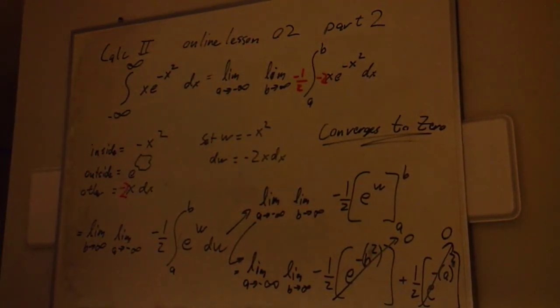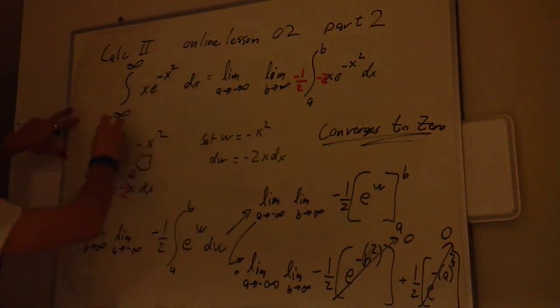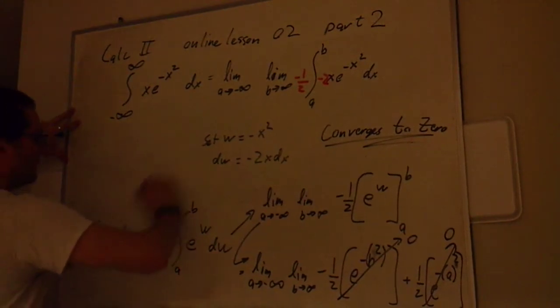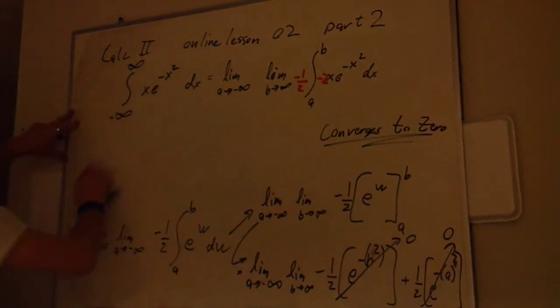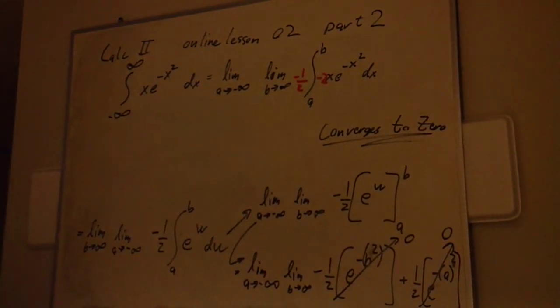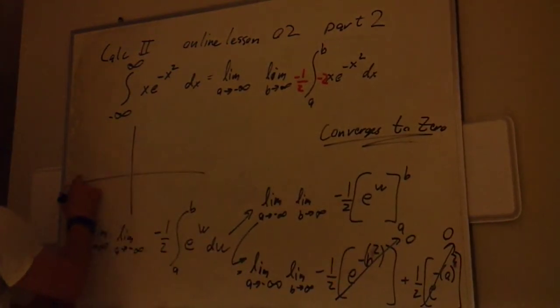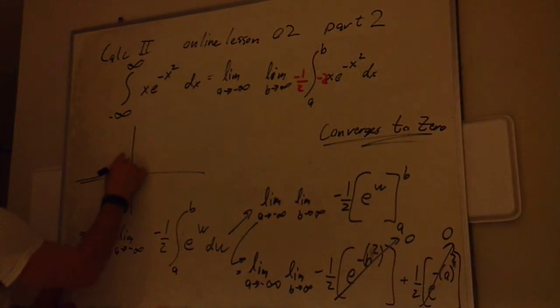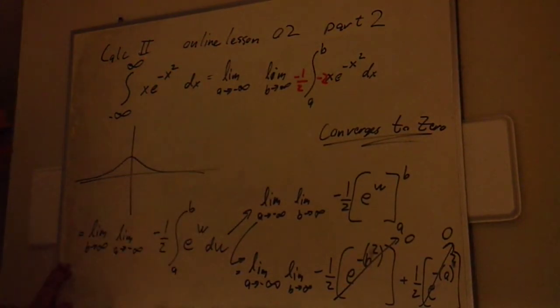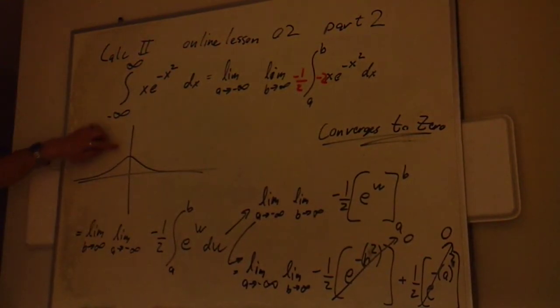Now I'll explain why I'm surprised by that outcome. When I was trying to create this function, I was imagining the function e to the negative x squared. E to the negative x squared kind of looks like this, sort of like a bell curve-ish shape.